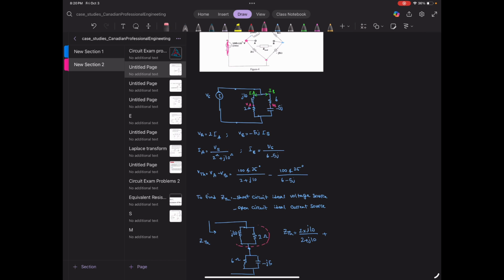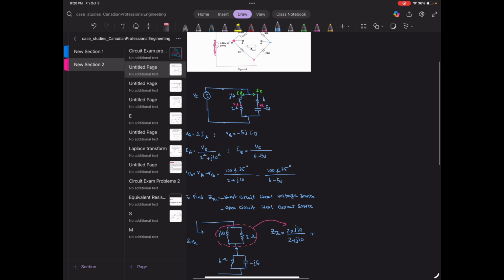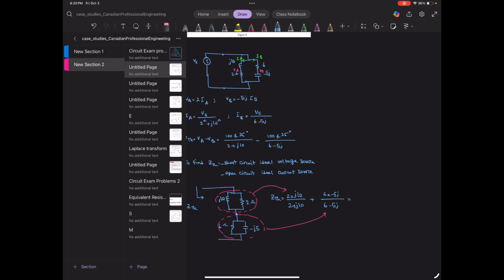And then we have 6 multiplied by minus 5J over 6 minus 5J, because these two are in parallel. And once we do this math, then ZL is going to be ZTH conjugate.